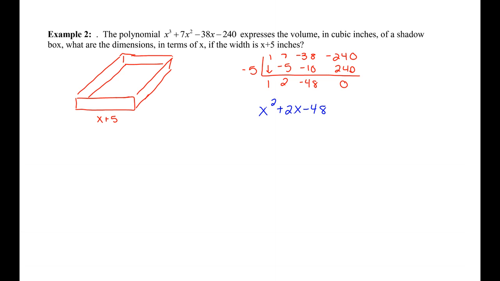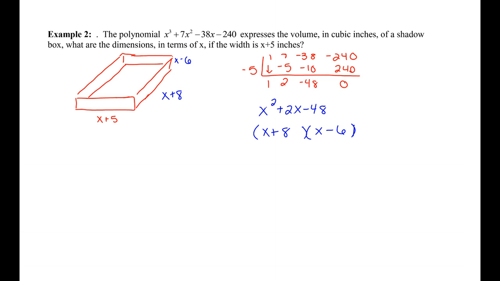This is now something that I can factor. Two numbers that multiply to negative 48 and add to positive 2 would be a positive 8 and a negative 6, which would give me my other two factors. So we could say one side would have been x plus 8, and the height might have been x minus 6.